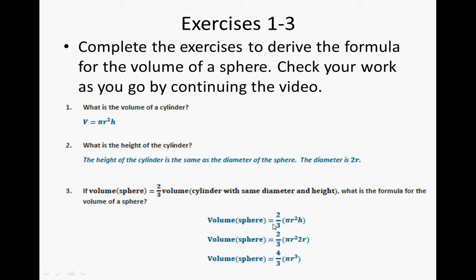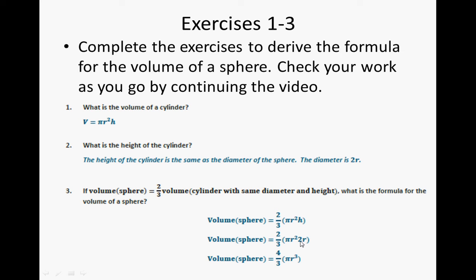So if the volume of a sphere is 2/3 the volume of the cylinder, the cylinder volume is pi r squared times the height. Well, if the height is the same as 2 times the radius, we substitute 2 times the radius in for height, because the 2 times the radius is the height of the sphere.